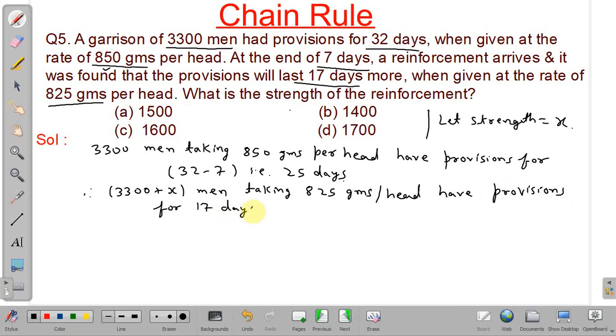Now we have to find the strength. So we have to see the relation of number of men with respect to the ration per head and the number of days. Okay. So less ration per head, more men can consume, more men. Okay. So it is indirect proportion.